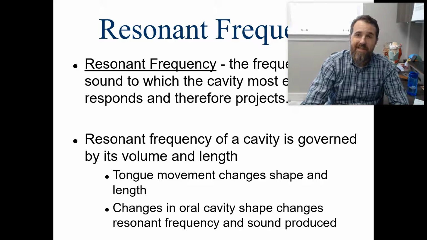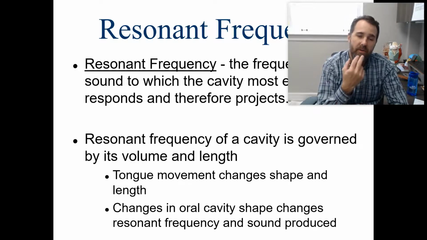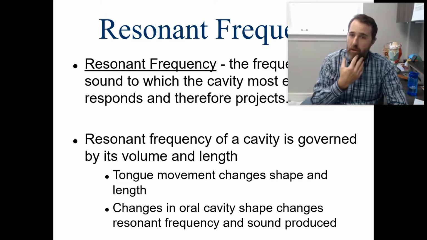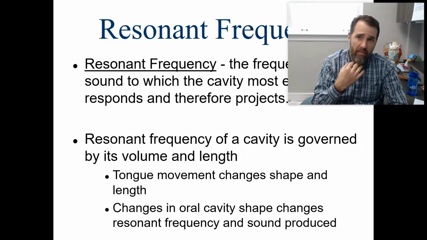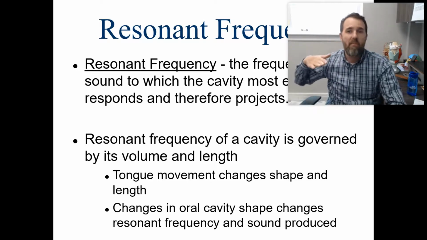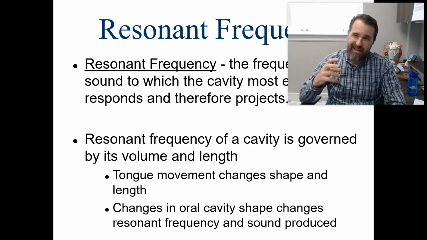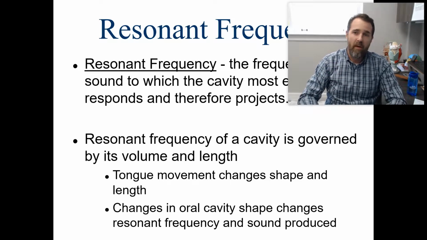So some examples are the vowel E. If you make the vowel E, you can feel your tongue is bunched up at the front of your mouth. But if you make the vowel "ah", then suddenly you're going to feel your jaw drop a little bit, and your tongue is going to come way back down in your oral cavity. It's going to increase the volume of your oral cavity.